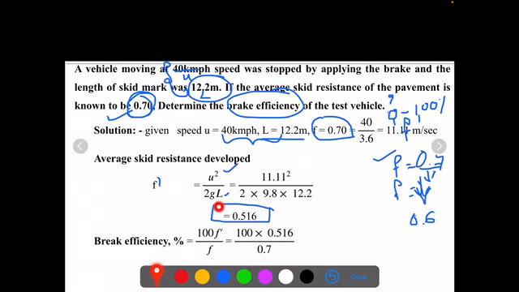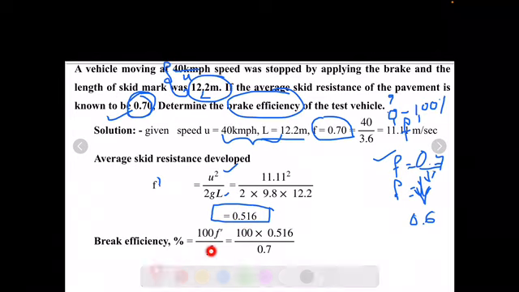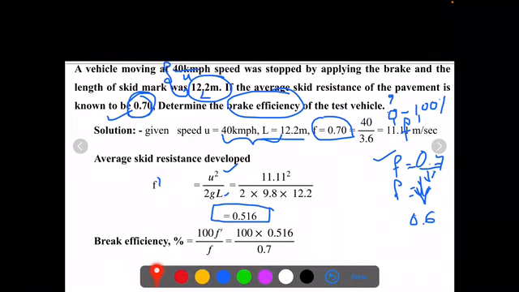where f dash is the friction that is developed, divided by f, the design value, multiplied by 100, because we are representing it in terms of percentage. So we can calculate, and we get the value as 73.7%. That is the actual brake efficiency of the existing condition.